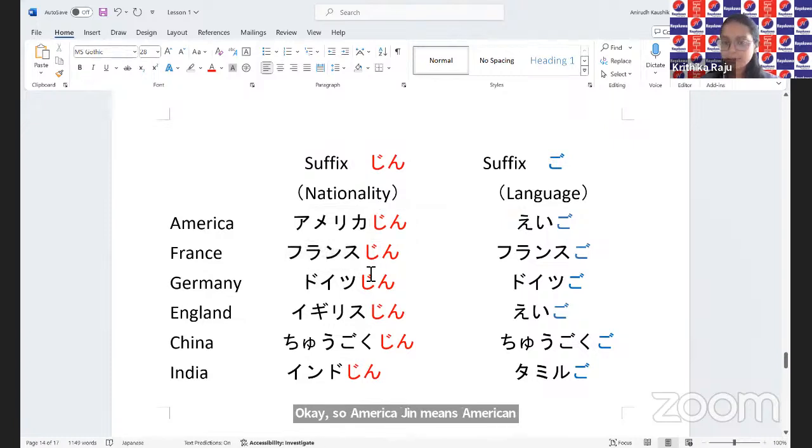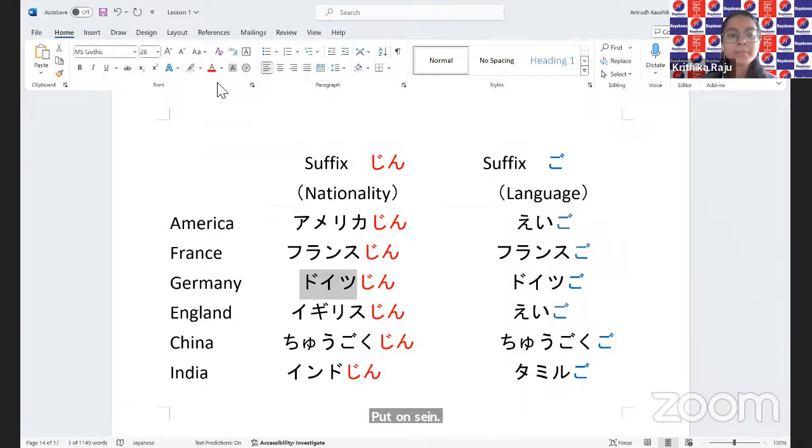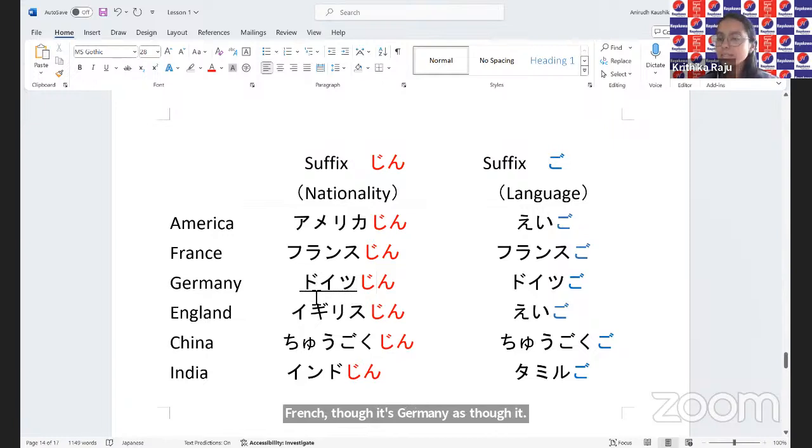France jin, French. Germany is Deutsch. So Deutsch jin refers to a German. Igirisu is England. Igirisu jin is an Englishman, an English person.